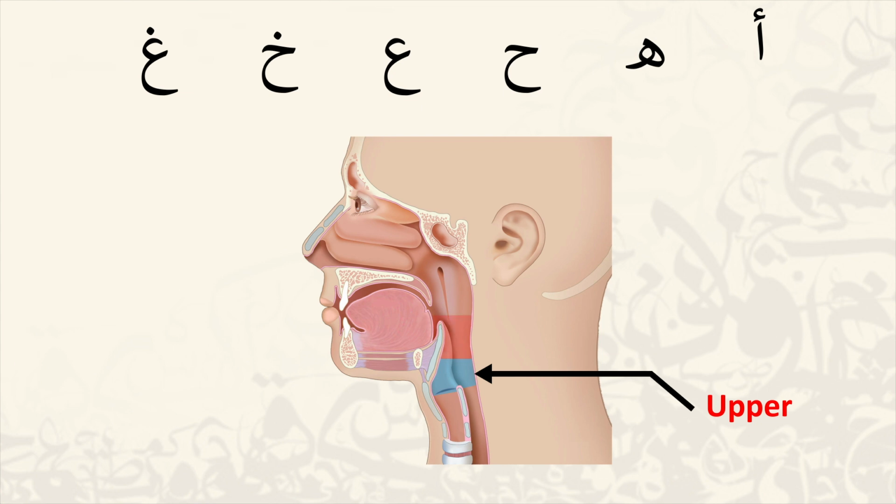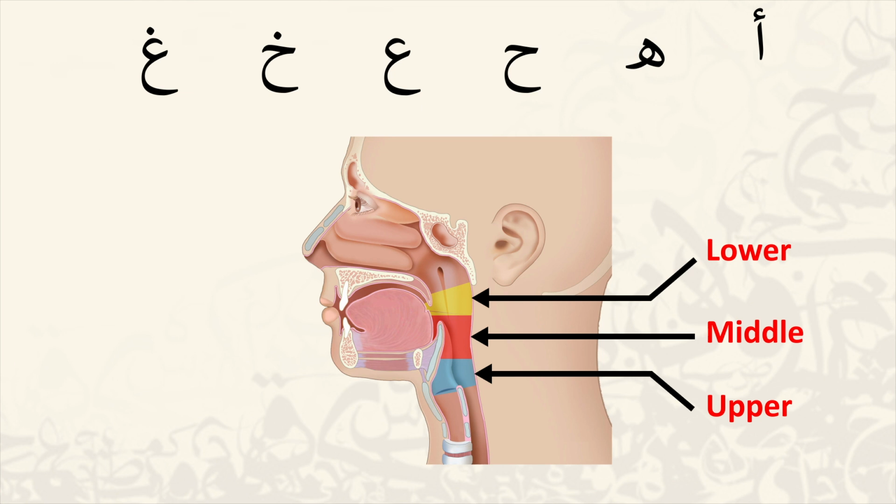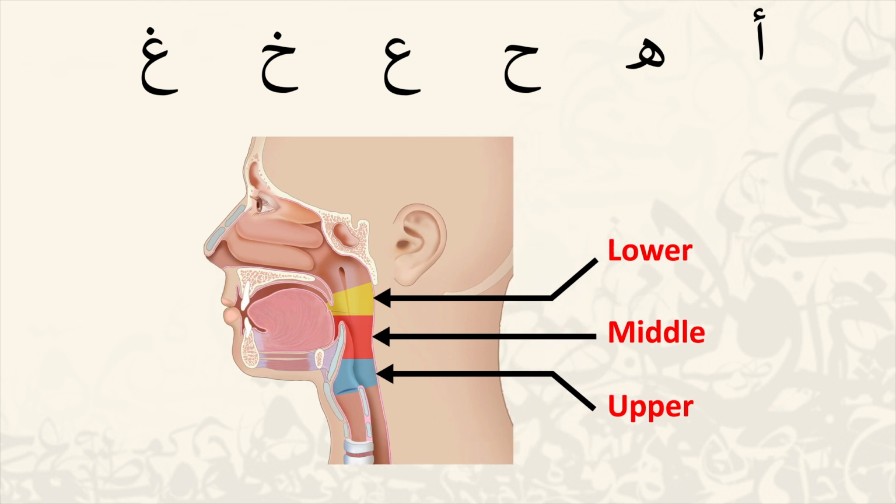Then the middle throat, which is a little up the crag. And finally, the lower throat. It is the beginning of the throat at the end of the mouth cavity, approximately at the glottis. By looking at these 6 letters, we discover that they're equally distributed throughout the entire throat.